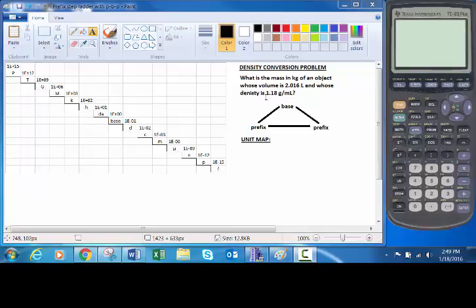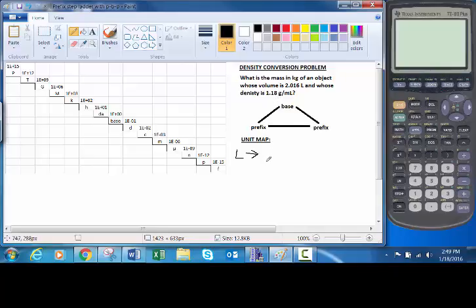Let's create a unit map in order to figure out the answer to this problem. The information that's given to us is the unit liter. So that will be the first part of our unit map. The hidden conversion factor that they give us is grams per milliliter.